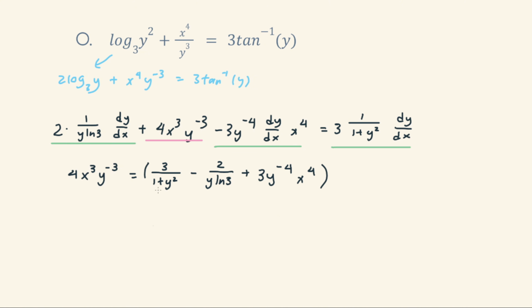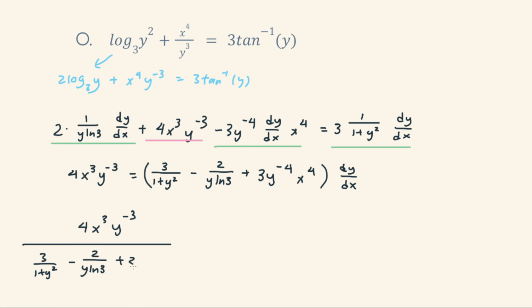And now I'm going to factor out from these three terms the dy over dx. And now all that's left to do is to divide both sides by the stuff in the brackets here. So 4x cubed y to the minus 3, all divided by 3 over 1 plus y squared minus 2 over y ln 3 plus 3y to the minus 4 x to the 4, is equal to dy over dx.